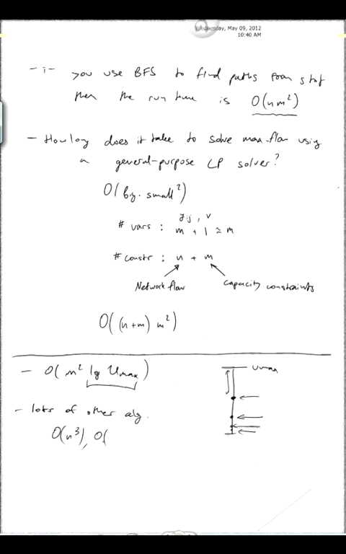There's a different one that gives you O of n squared square root m. Another one would give you O of nm plus n squared log U, and so forth. These algorithms work on very different kinds of ideas than Ford-Fulkerson.